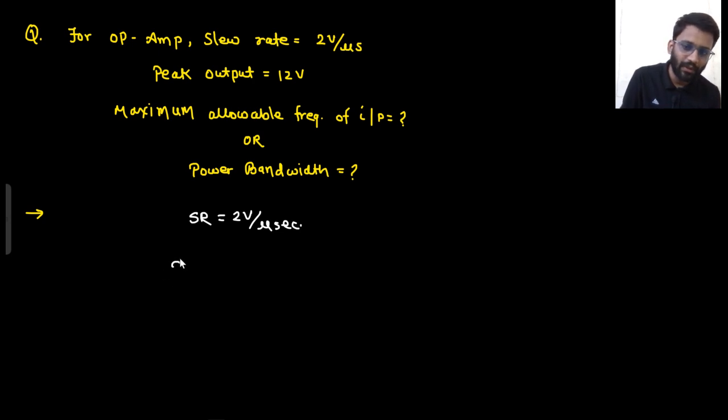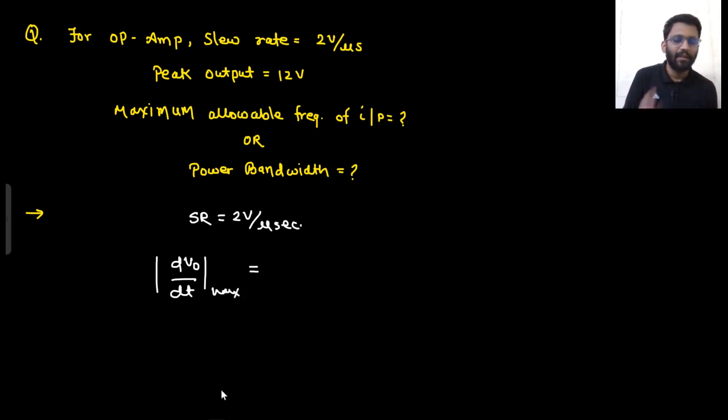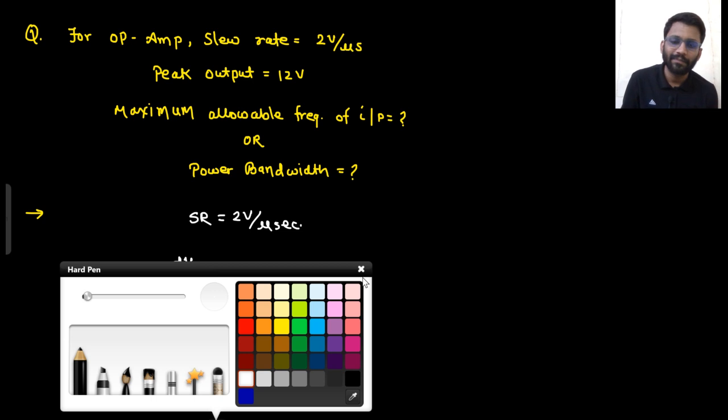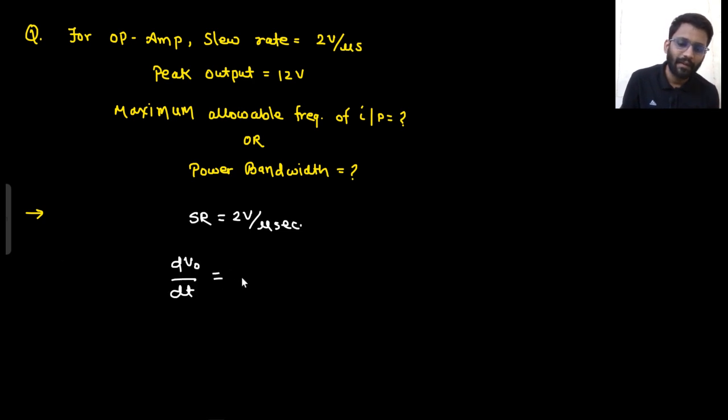So what is actually your dV naught by dt? dV naught by dt would be AM omega m sin omega t. So what will be my dV naught by dt max?